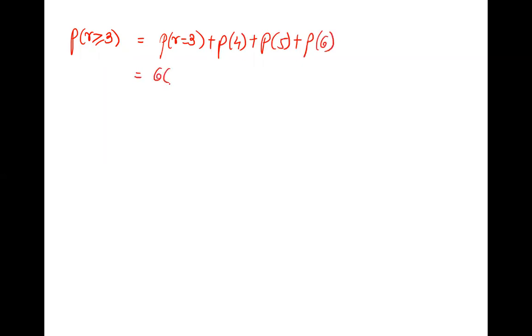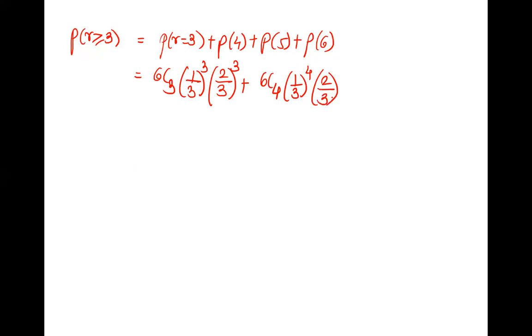N is 6. 6C3, P 1 by 3 raised to 3, Q 2 by 3 raised to 6 minus 3, that is N minus R, 6 minus 3 is 3. Plus 6C4, 1 by 3 raised to 4, 2 by 3 raised to N minus R, 6 minus 4, 2.